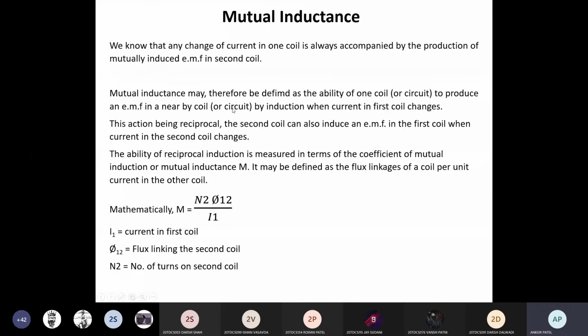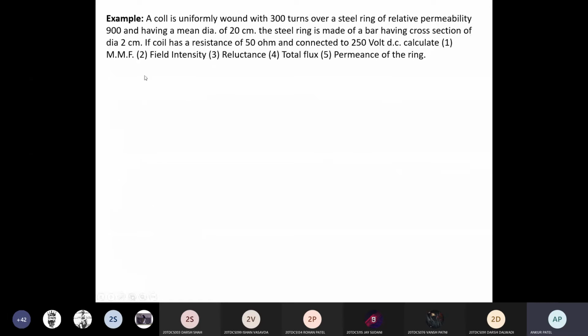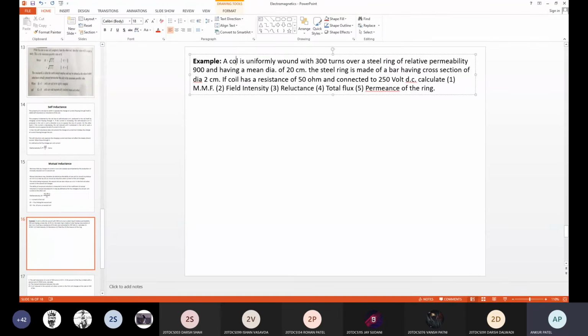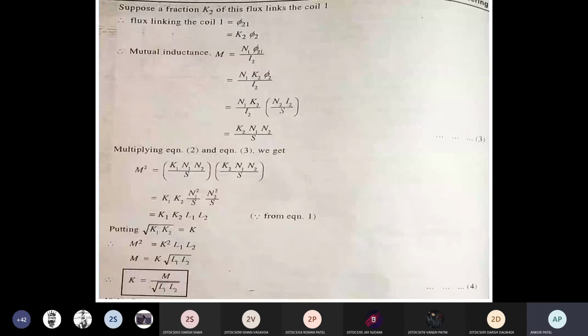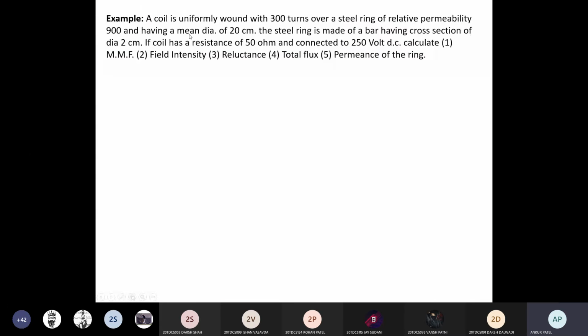Now we'll do some exercise for this magnetic circuit. Here the statement is given. A coil is uniformly wound with 300 turns over a steel ring of relative permeability 900 and having a mean diameter of 20 centimeter.